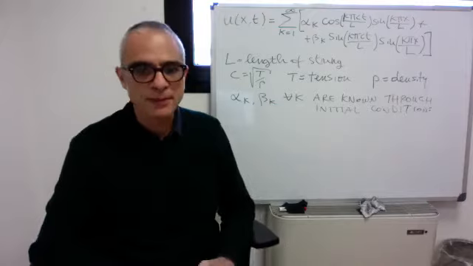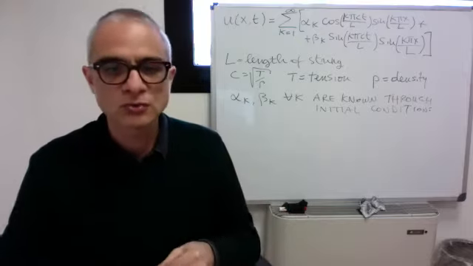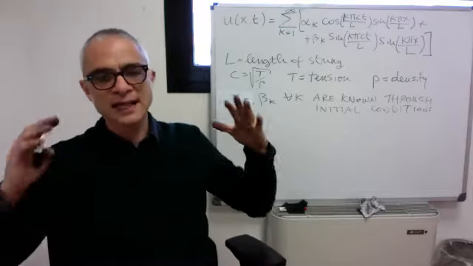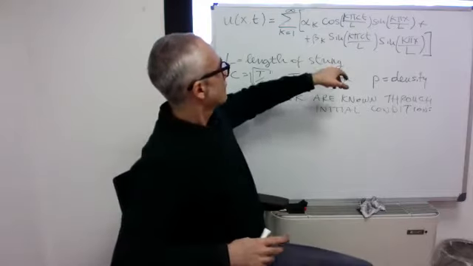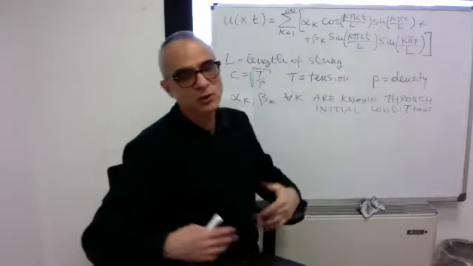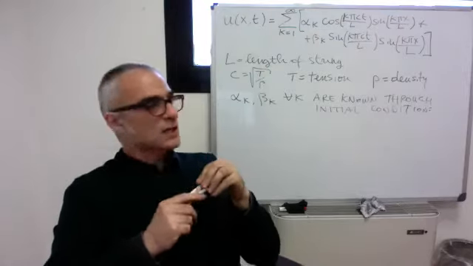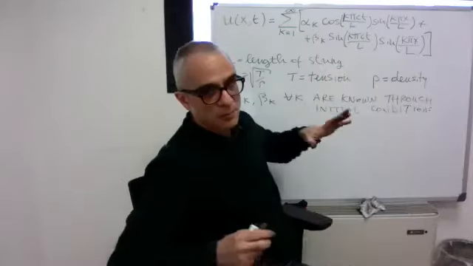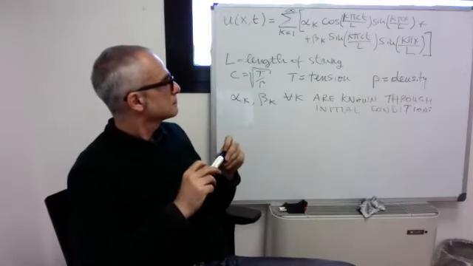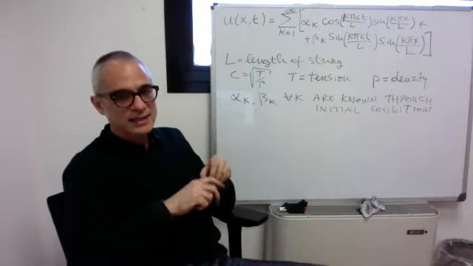Basically, all you have to do is have an initial shape of the string that coincides with the sine of pi x over L, what we call the first spatial eigenfunction of the string, because the coefficients are obtained by multiplying eigenfunctions with one another. That will realize exactly the situation.